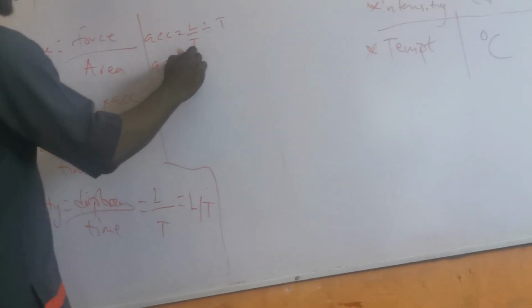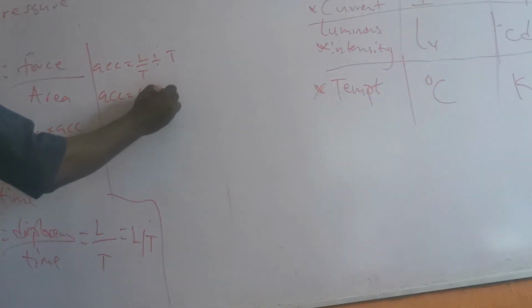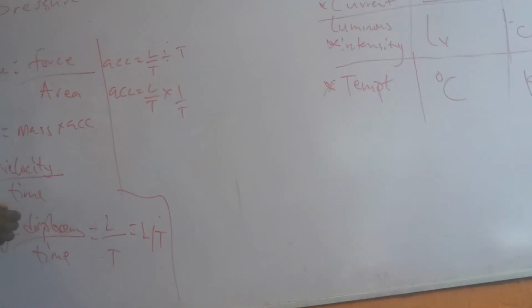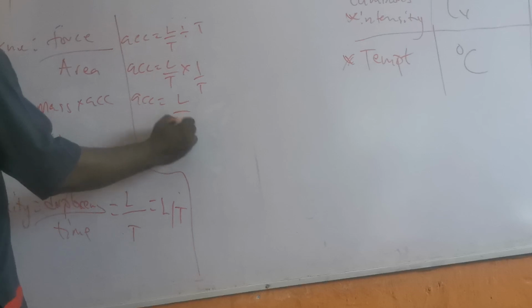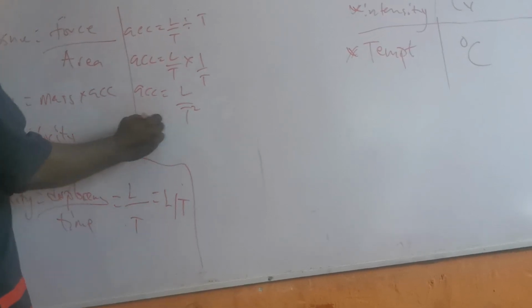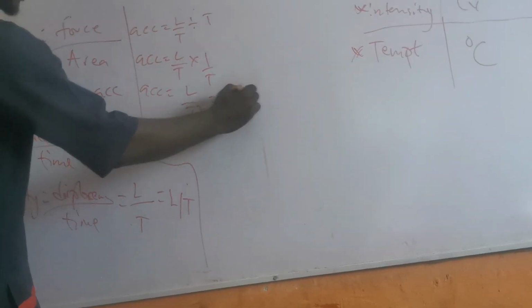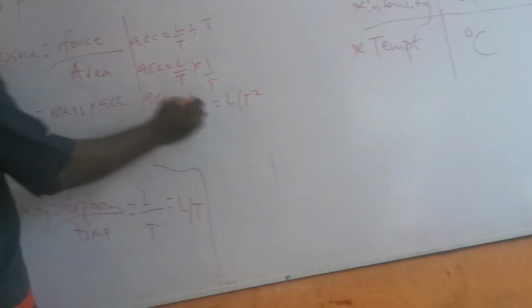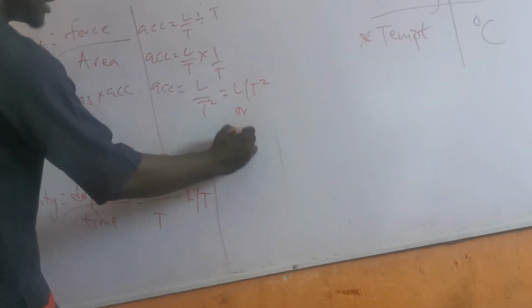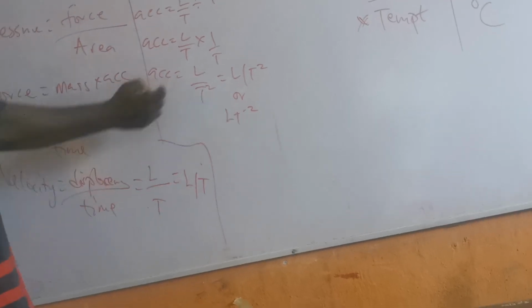That will be acceleration is equal to L over T times 1 over T. Then acceleration is equal to L over T squared, which we have as L per T squared. Another way you can write it is LT raised to minus 2. I've explained this concept very well.